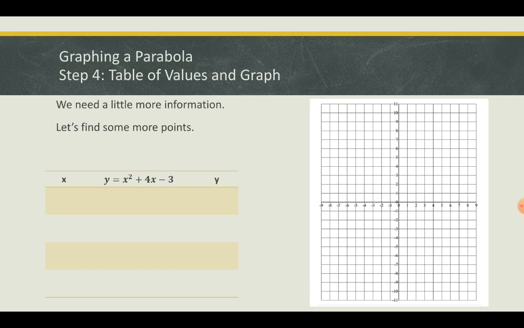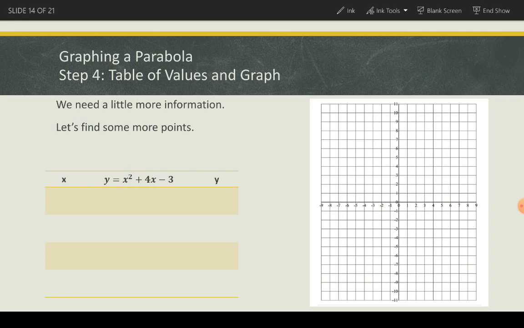Okay, so let's graph our zeros very quickly. We already had them in the previous slide. So our zero was 0.7 comma 0, and then we had negative 4.7 comma 0, and then our vertex was negative 2, negative 7.